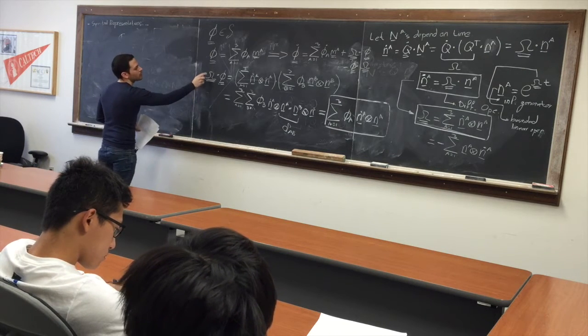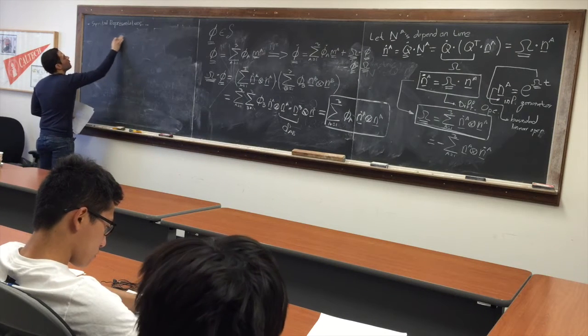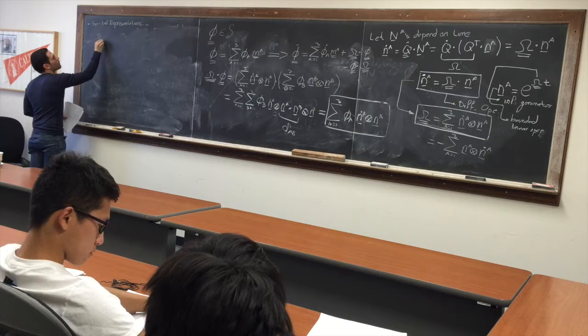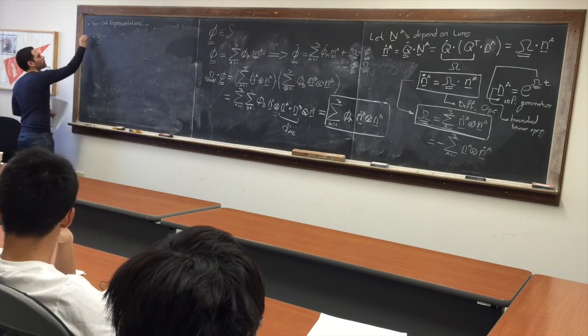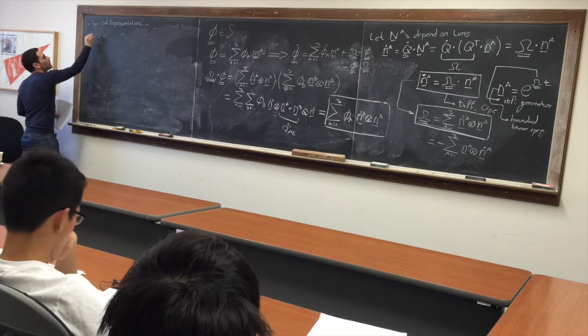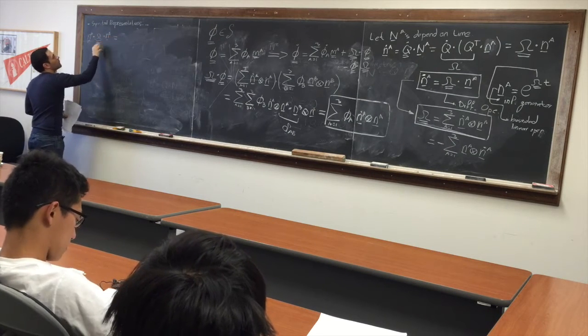We can also extract the components of this spin tensor in the principal basis, right? In A and B. And what is this?